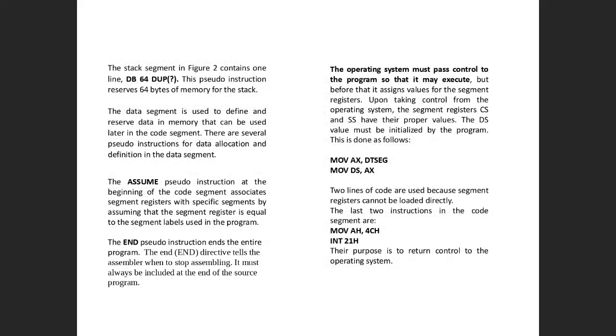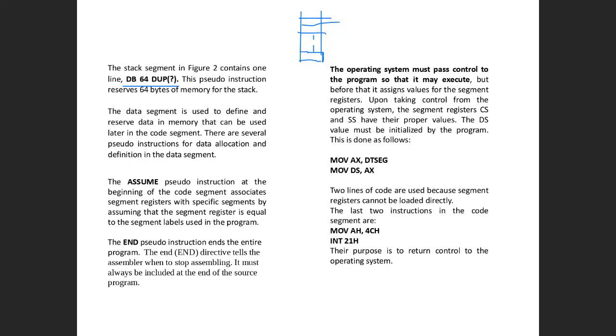Now you can see an example: DB 64 DUP, and then a question mark. It means 64 memory locations. DUP is for duplicate, the duplicate operation.